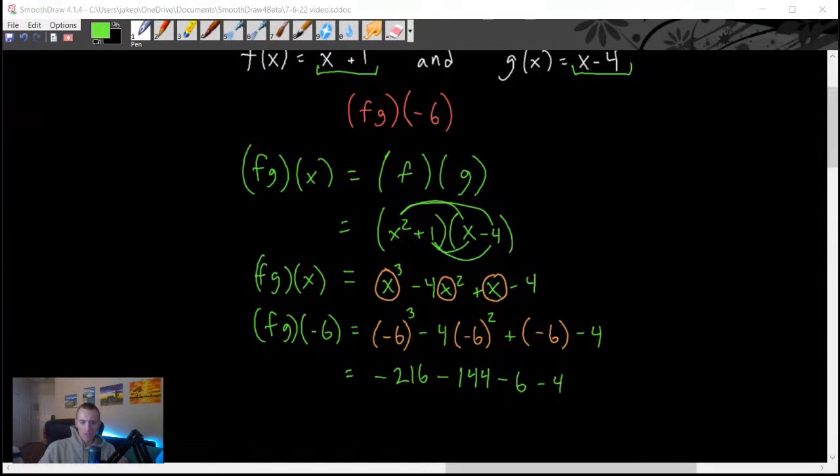Okay, so now we can basically just add all these up here. So negative 216 minus 144 minus 6 minus 4 is going to give us negative 370. And that's going to be f times g of negative 6.